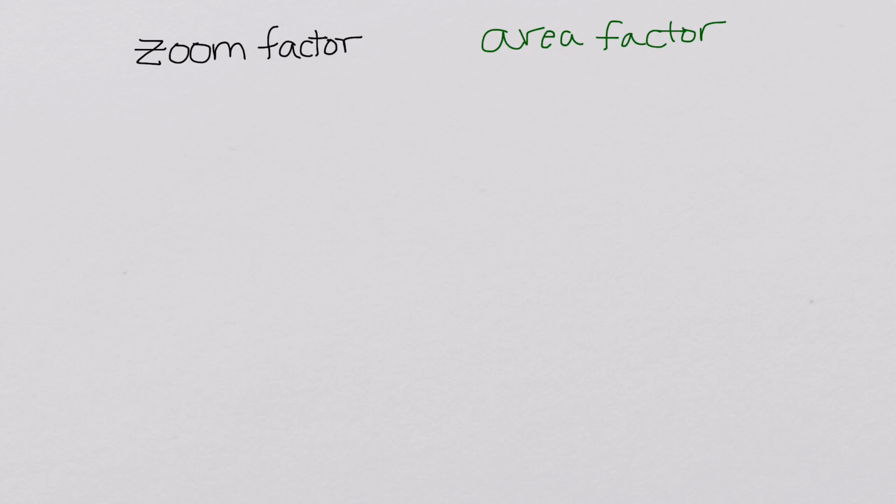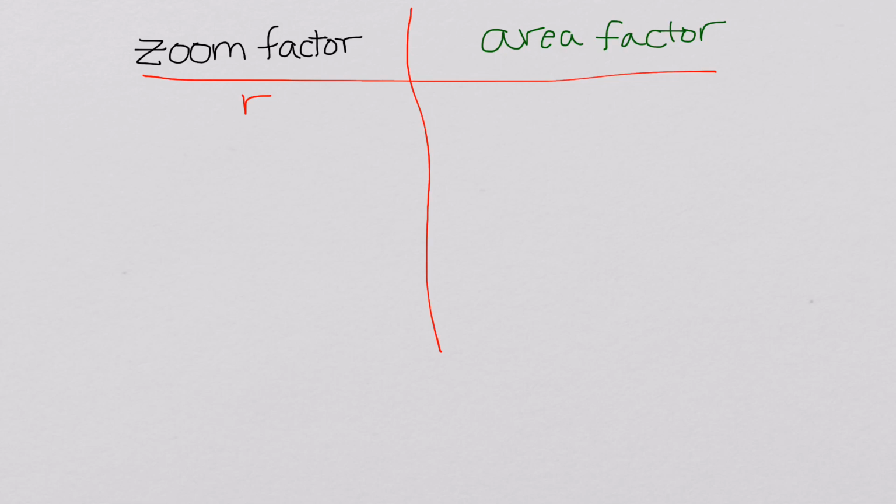All right. So what we want to take away from this: there is a relationship between these two things. The zoom factor is denoted as R, okay?